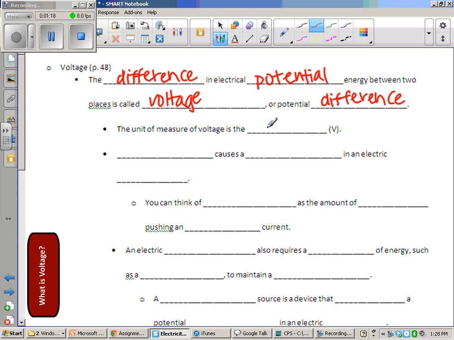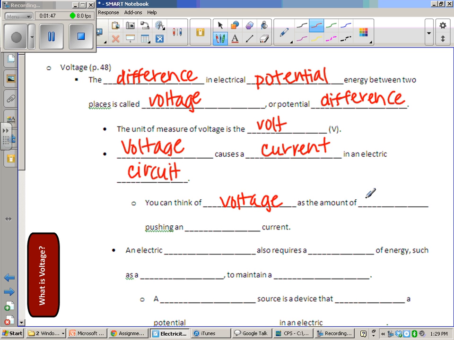The unit of measure of voltage is actually the volt, or a capital V. Okay, voltage causes a current in an electric circuit. It's what's pushing your charges through the circuit. So you can think of voltage as the amount of force pushing an electric current.